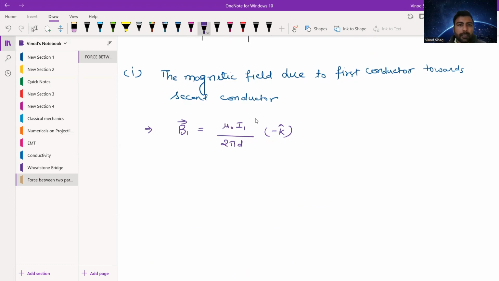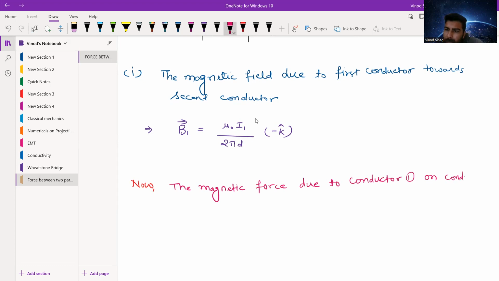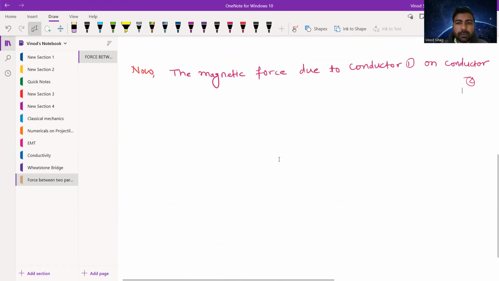The magnetic force due to conductor 1 on conductor 2 can be written as vector F12.